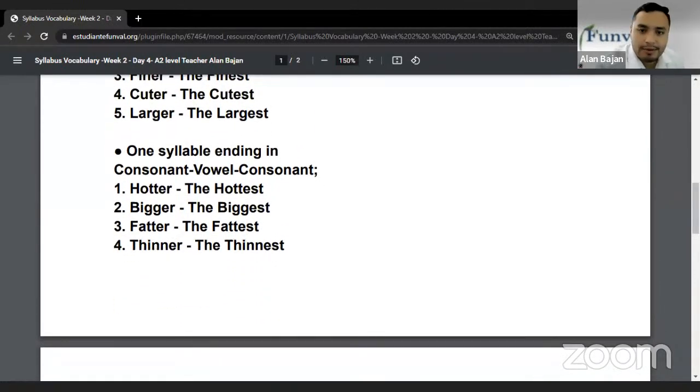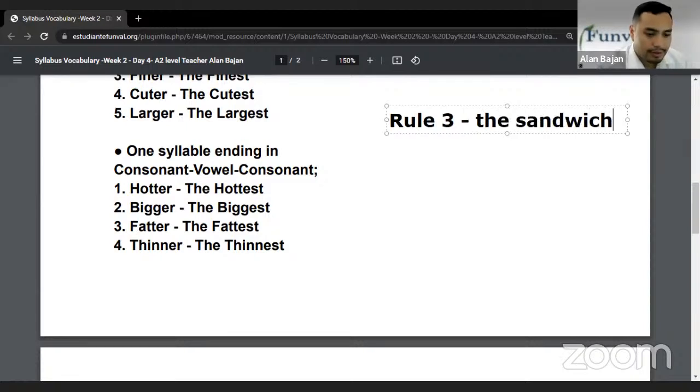Okay, so now we will learn another rule to build comparative and superlatives. Rule 3, the sandwich. Why do we call it the sandwich? Because I have a consonant, a vowel, and a consonant. It's like a sandwich, you see?